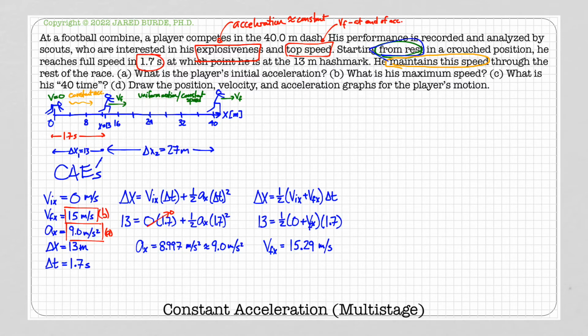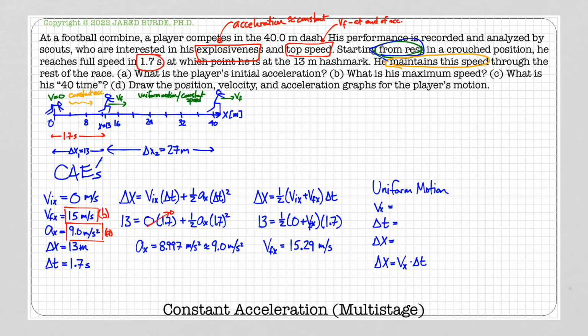When we have uniform motion, there's only one equation for us to use. It's very similar to constant acceleration, but there are only 3 variables for us to consider. The equation is basically displacement is velocity times time.